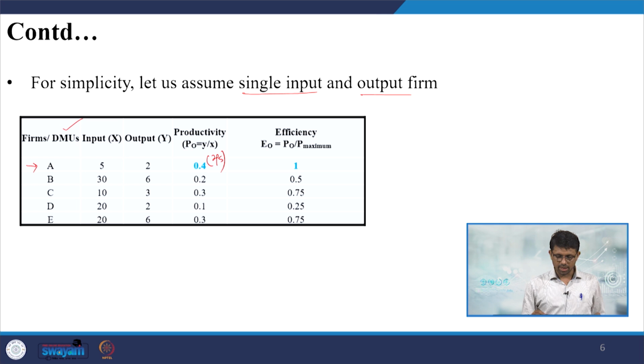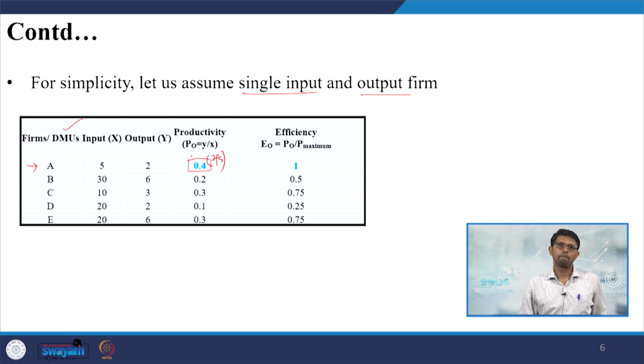And understanding efficiency, as we have already mentioned, it is the particular score out of the maximum score among the DM units or among the firms in the competition. Here you can easily see the maximum productivity is 0.4.